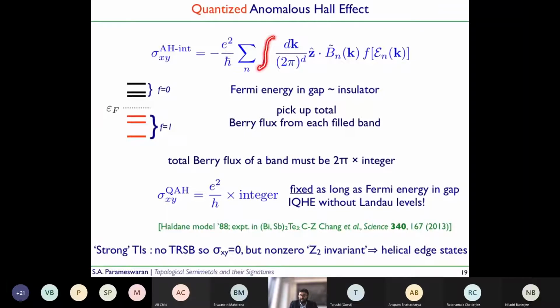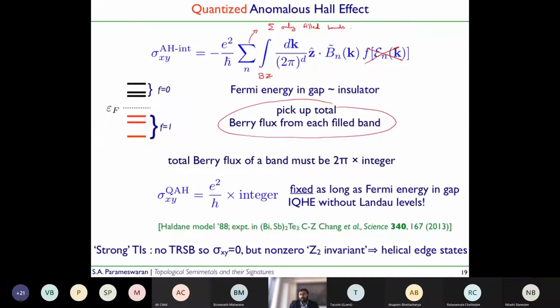So this integral is just an integral, and I can drop this term. Let me manipulate this a little bit. I can essentially take this term out, and this integral is over the Brillouin zone, but this sum is over only filled bands.